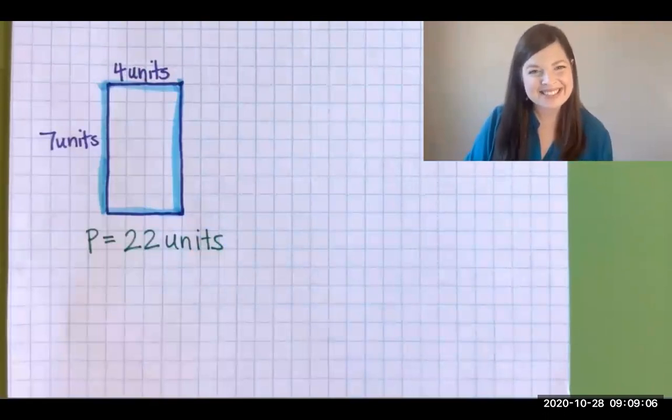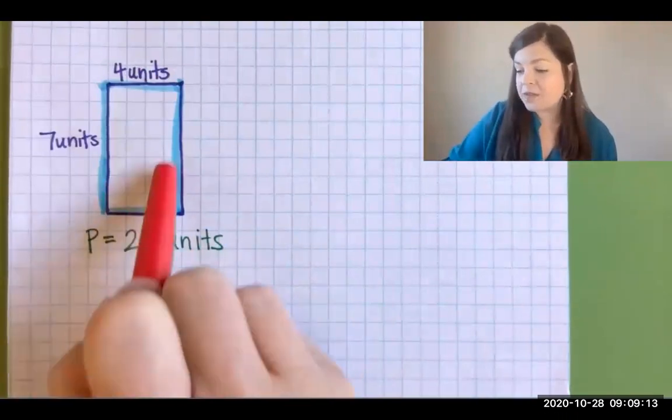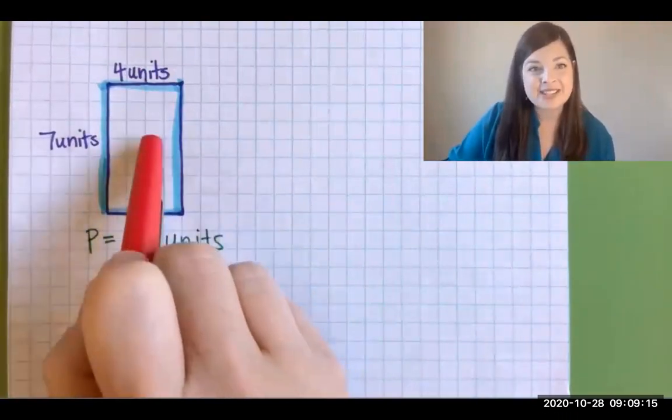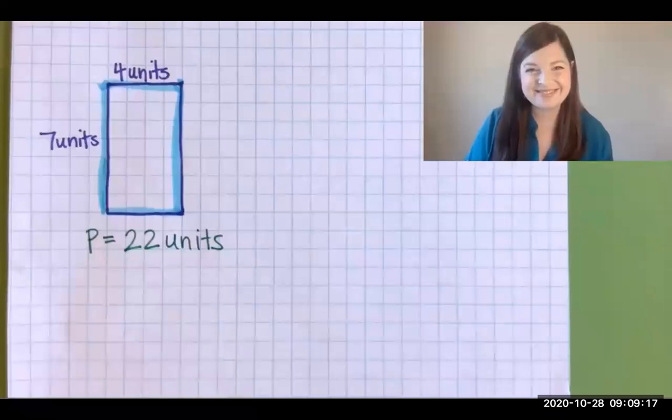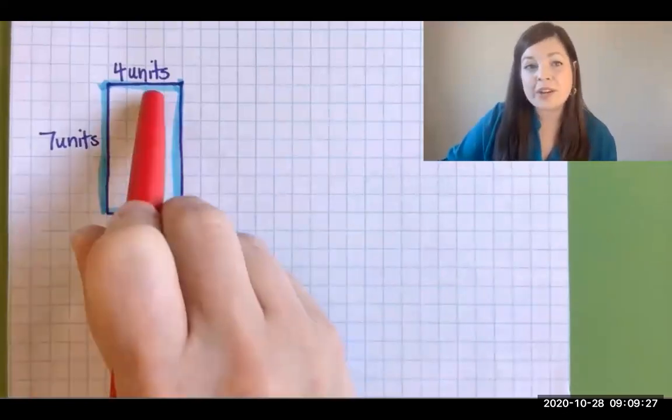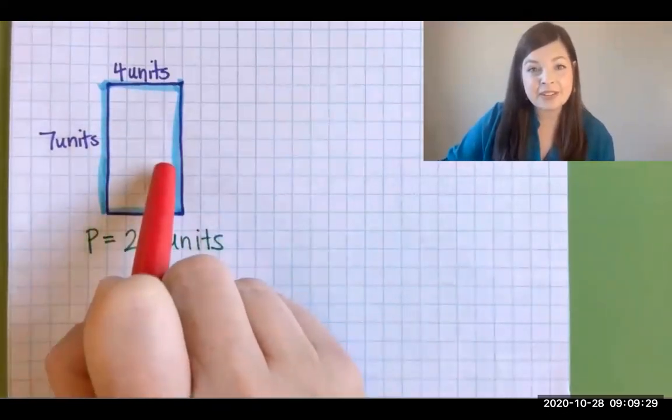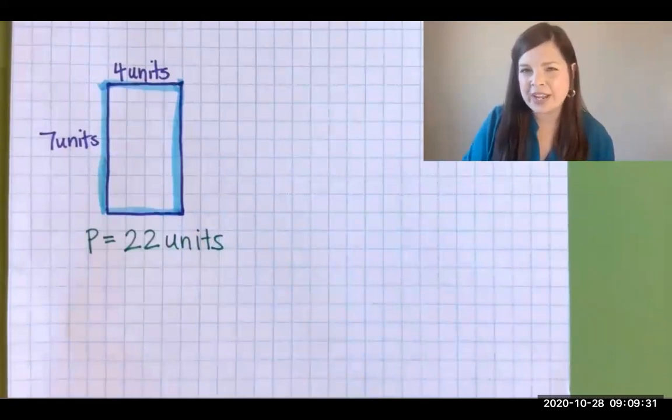Great thinking. Now, I want you to pause the video again. And this time, I want you to count all of the squares inside the rectangle. So what'd you get? I got 28 square units. When we counted all of the squares inside the rectangle, think back to what you learned in 3rd grade.